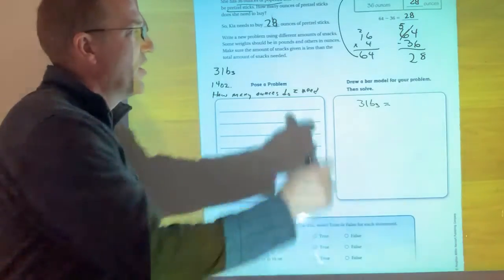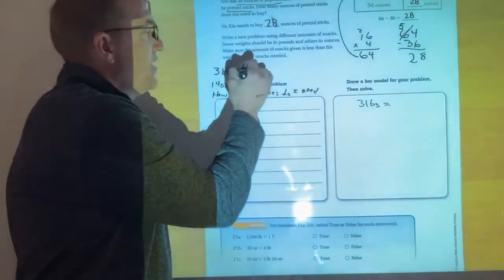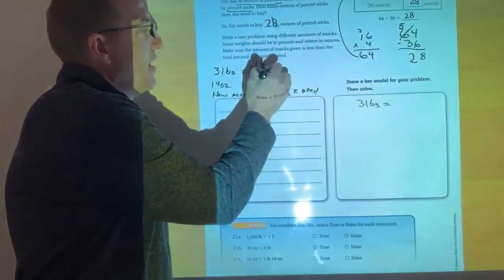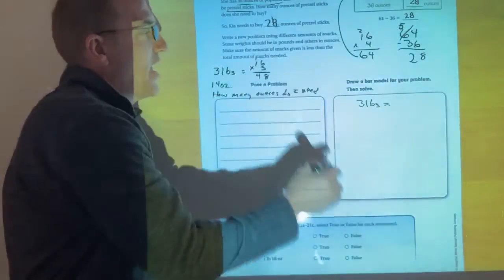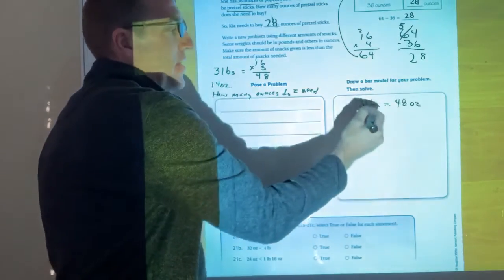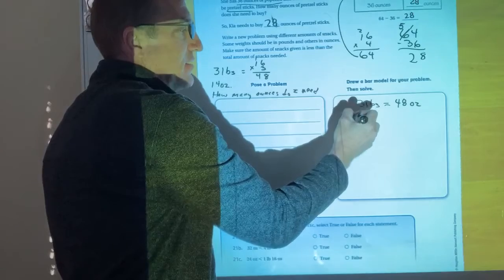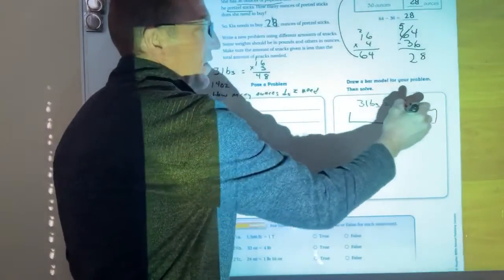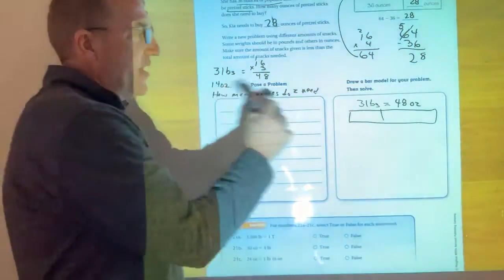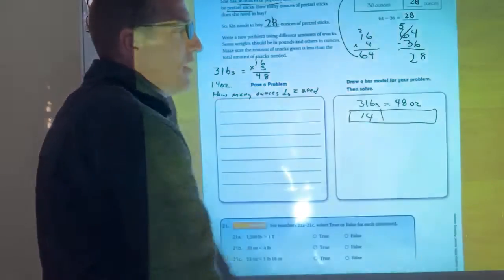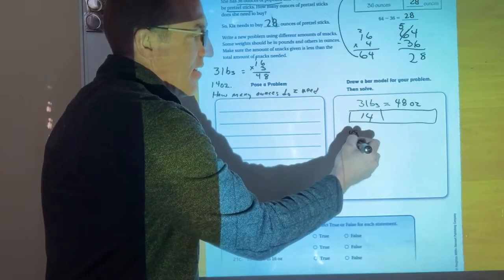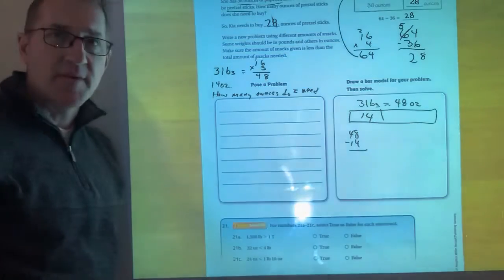If you don't, I just take 16 times 3, and that's going to be 18, carry the 1, 48. So this is 48 ounces. Then I'm just going to make my little box here, put a line in it, probably to this side. I've already got 14, and I need to get to 48, so I've got to take 48 minus 14. Does that make sense?